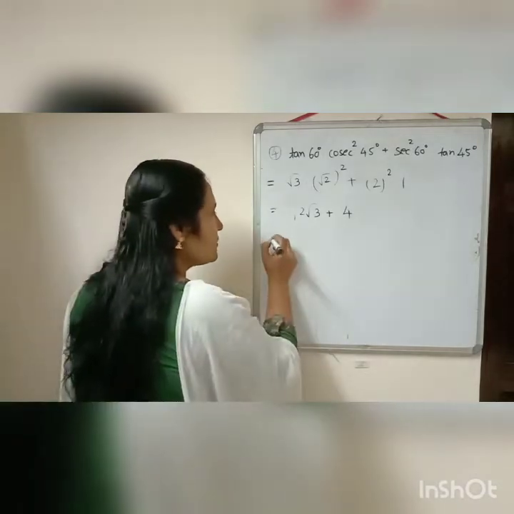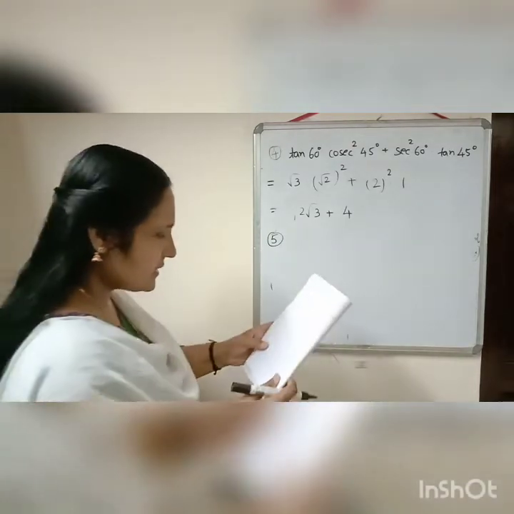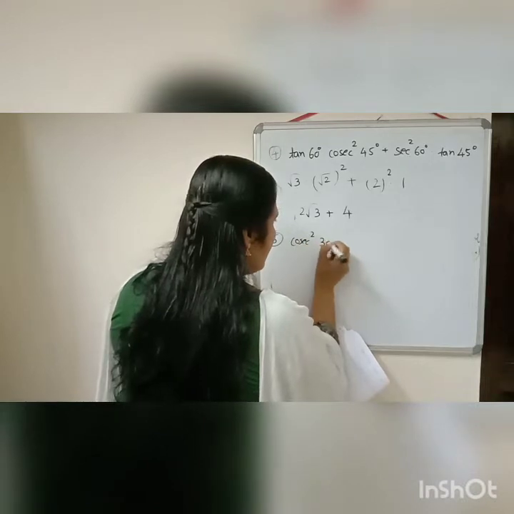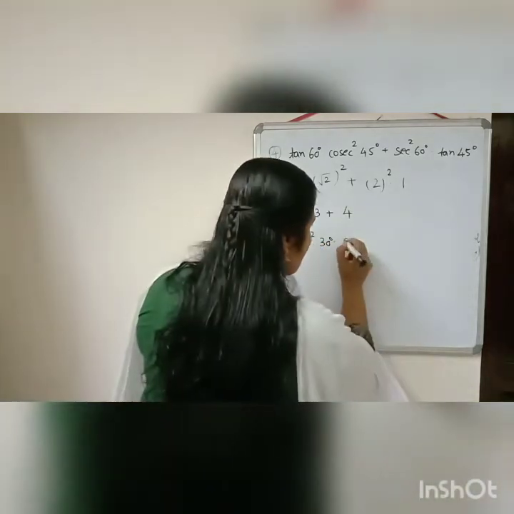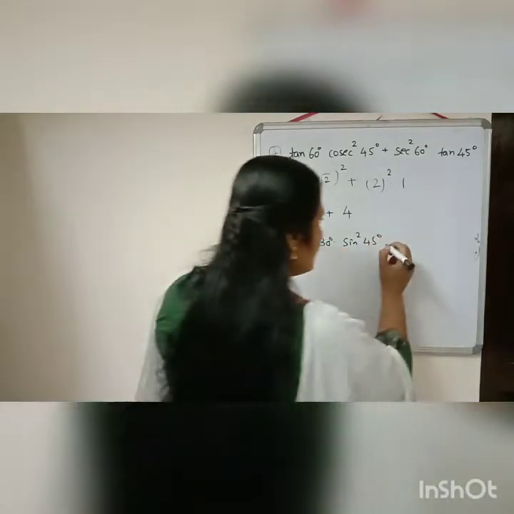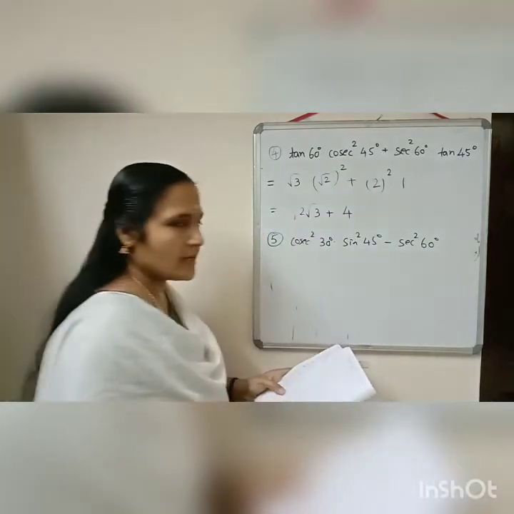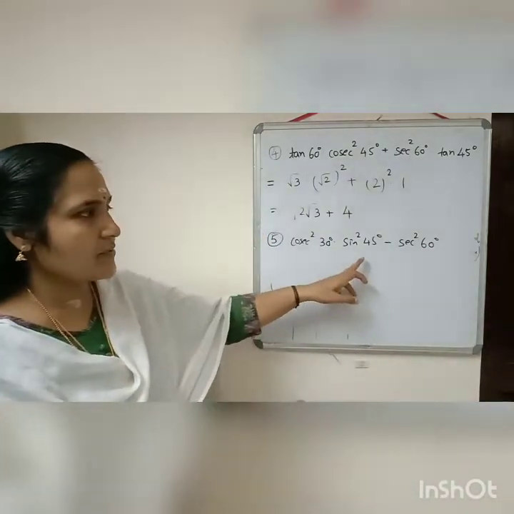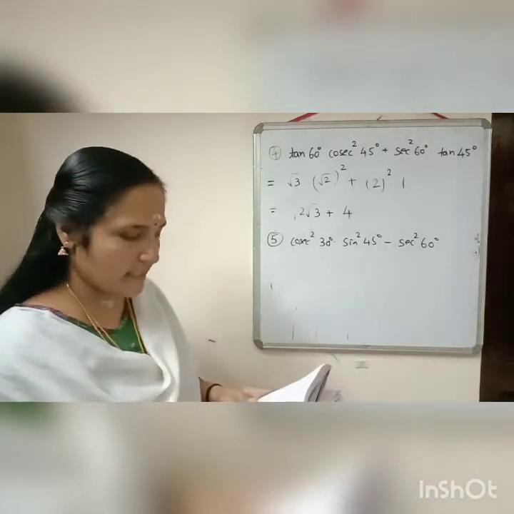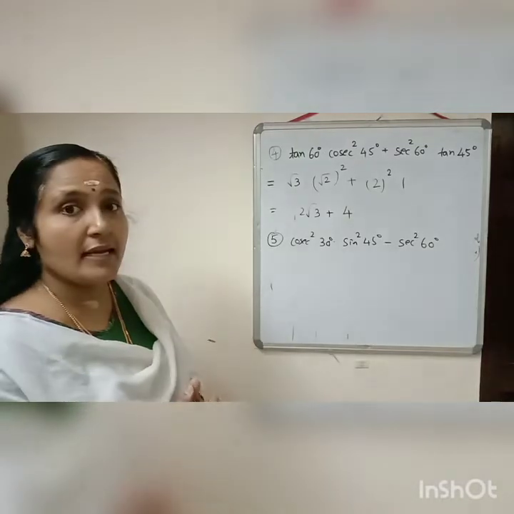Now just check question number 5. Question number 5 is cosec square 30 degree into sin square 45 degree minus sec square 60 degree. To substitute the values, what is sin 30 degree?